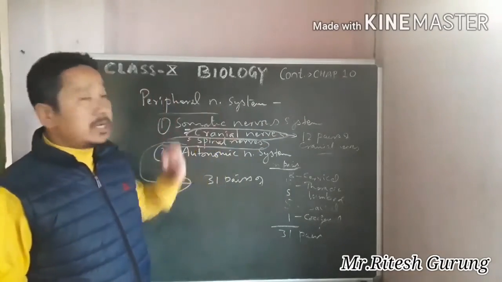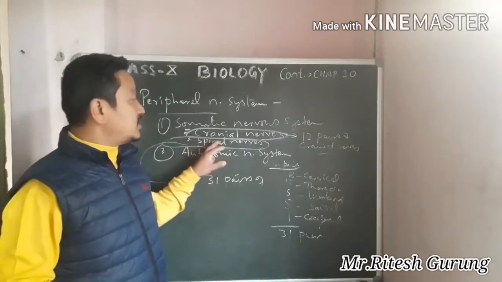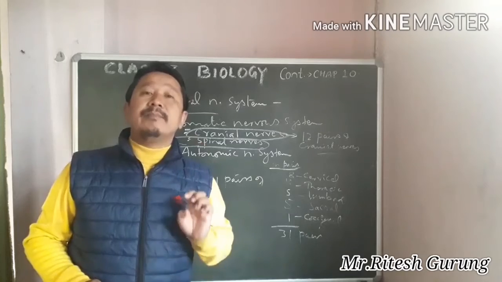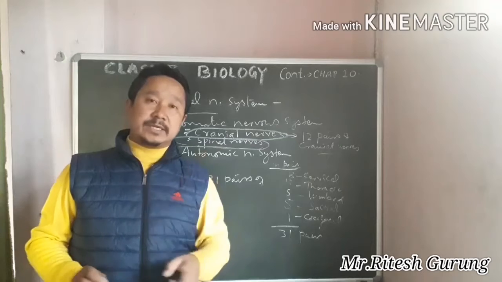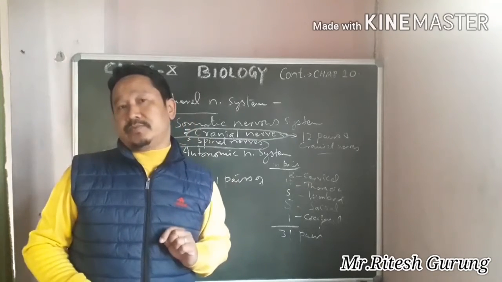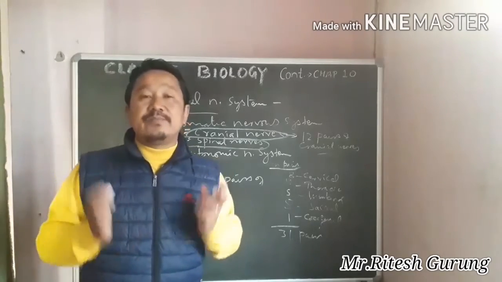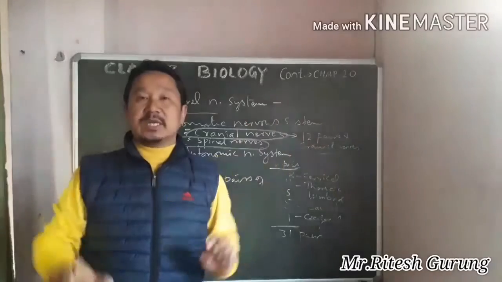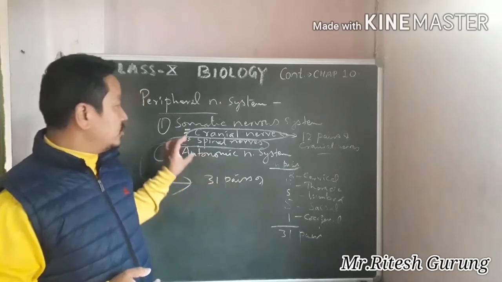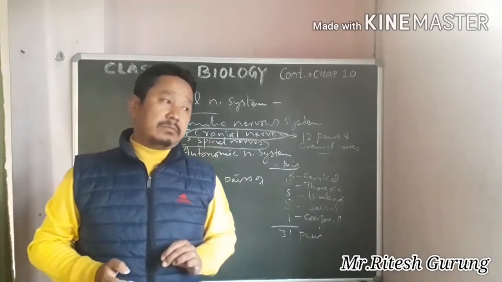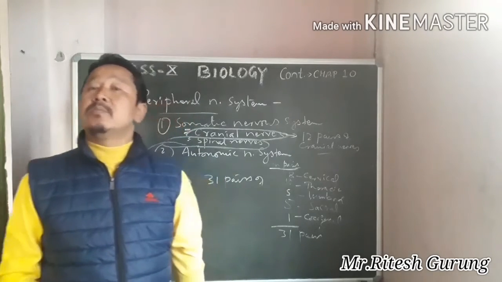Usually the nerves coming from the spinal cord are mixed nerves, which means nerves that contain both sensory and motor fibres, because the spinal cord acts like a bridge between the receptors and effector organs and the brain.